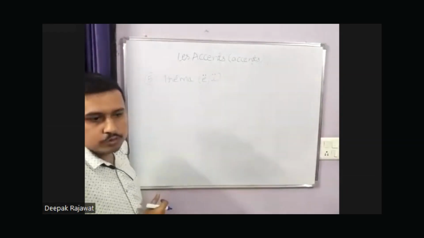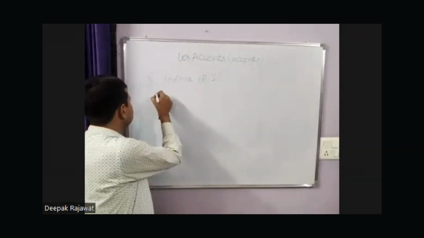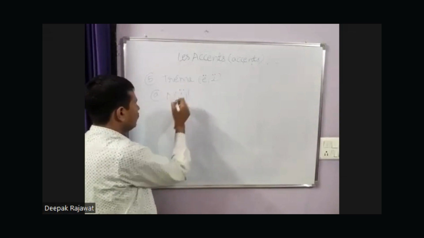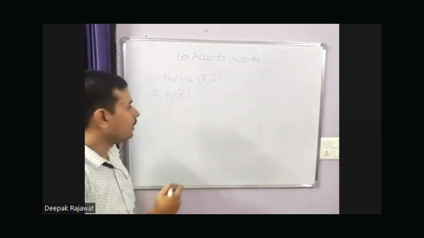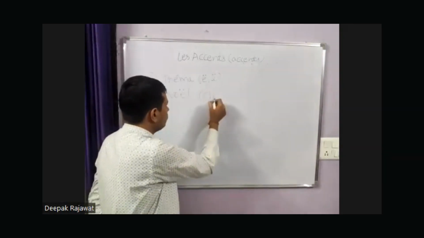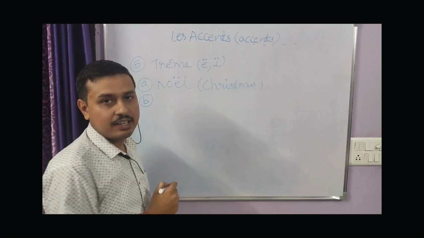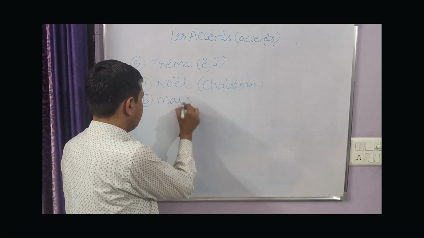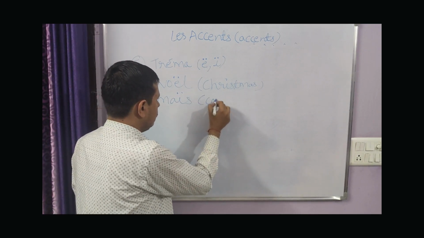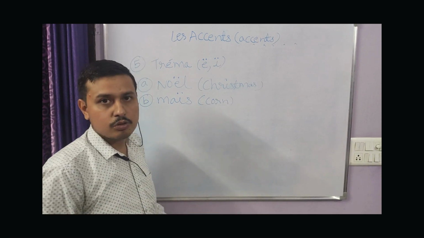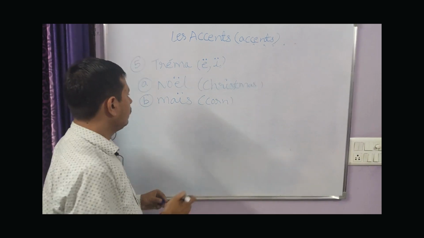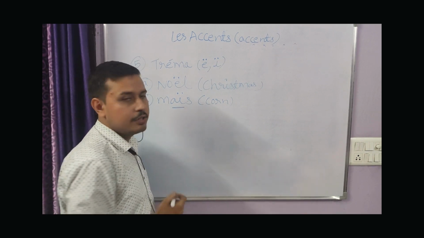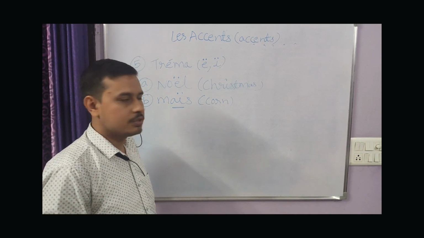Now we are going to see some examples. Noël. Noël is Christmas. Second example, we are going to take maïs. Maïs is corn. So in this accent, tréma, we pronounce the letters separately. That's why we use this accent.